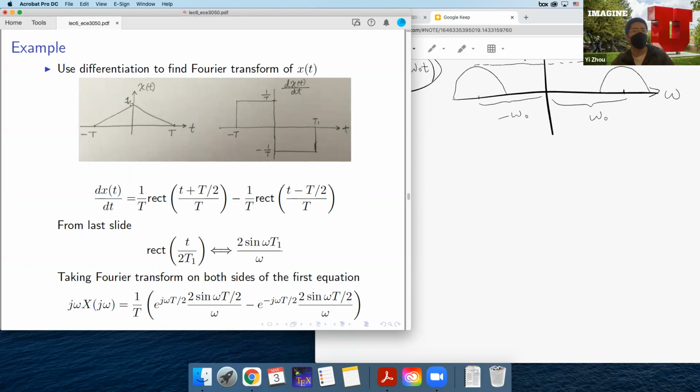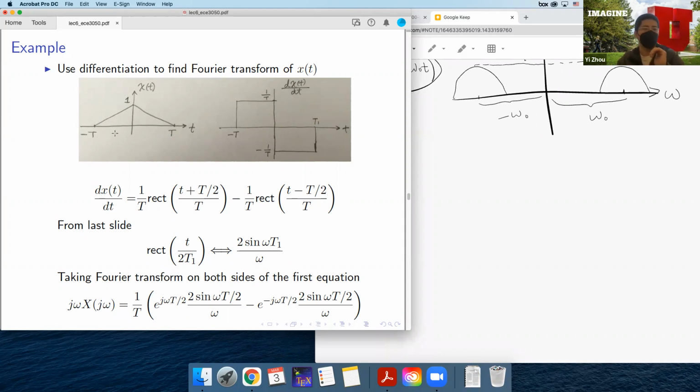In the first piece, the signal is an increasing line, and in the other piece, the signal is decreasing. So you need to evaluate two integrations, and each of them is actually not easy to do numerically. So the idea is to observe that for such a signal, the derivative is very simple. The derivative is given by two rectangle signals.